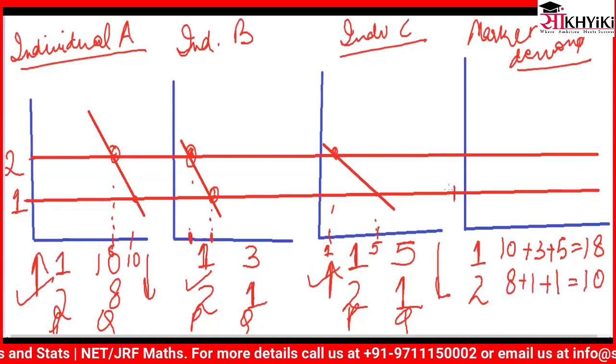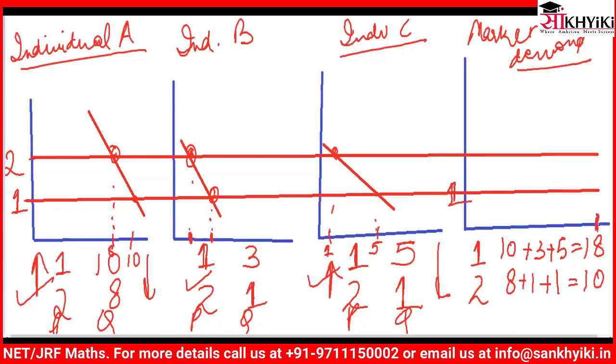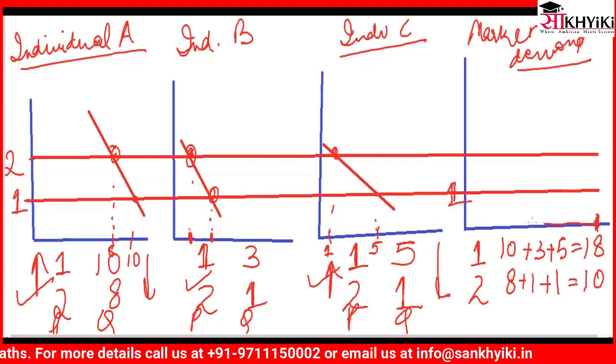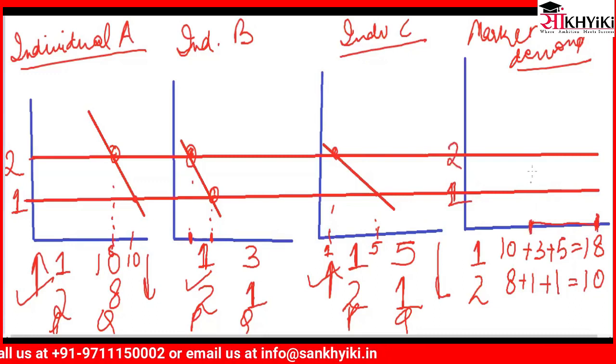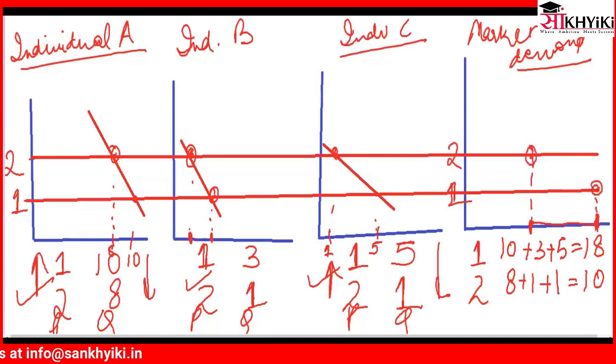So when price is 1, the demand is 18, and it goes all the way to 10 when the price is 2. So I plot this, and I get the market demand.